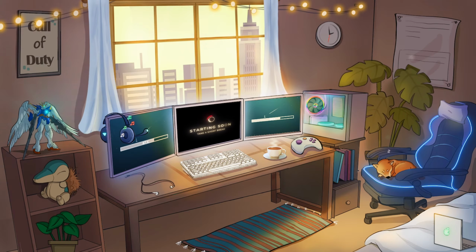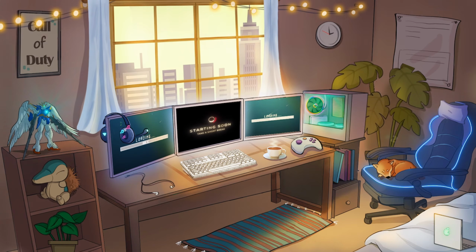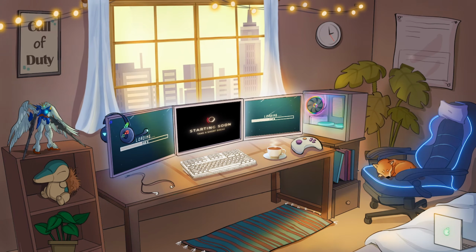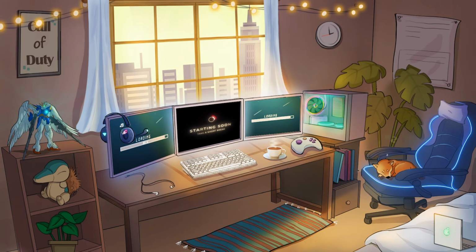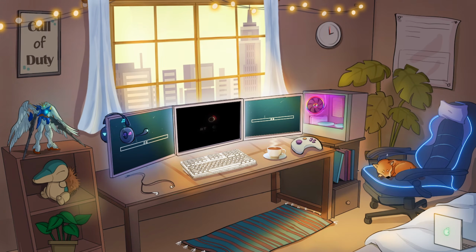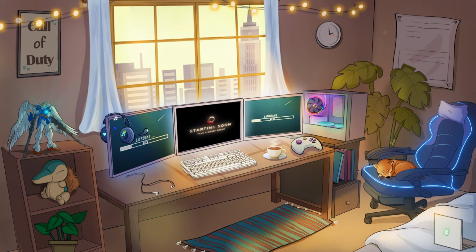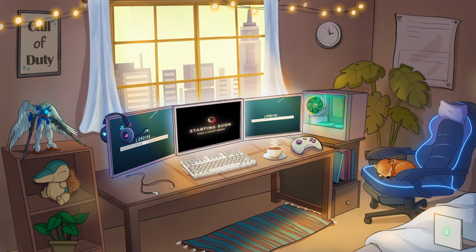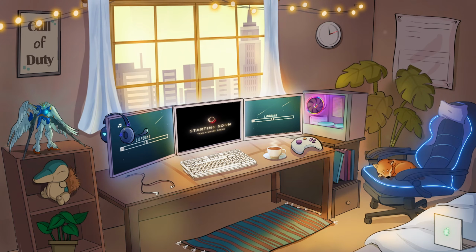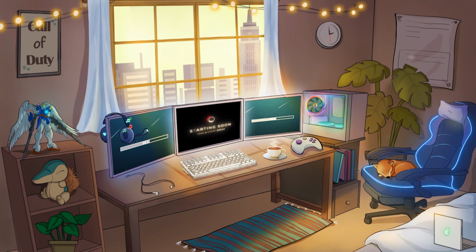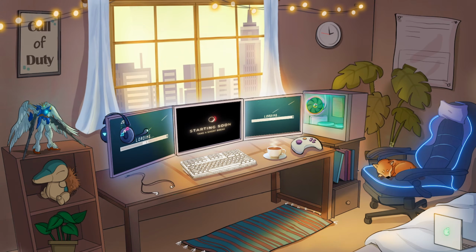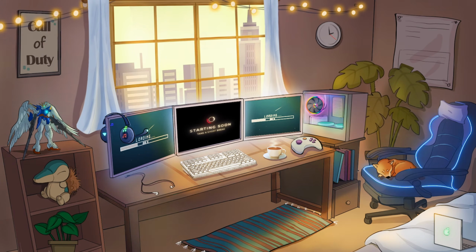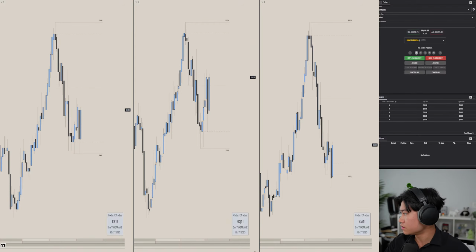Would be nice if my Streamlabs wants to cooperate and capture what I need to capture. Why is it not? There we go. Great. Transition.